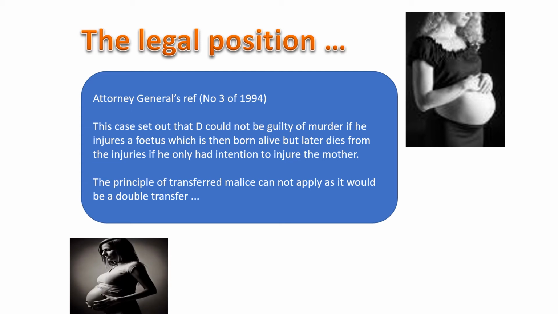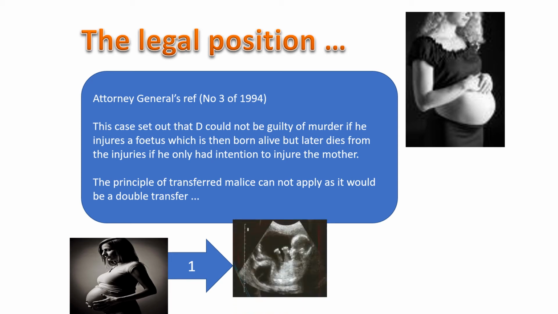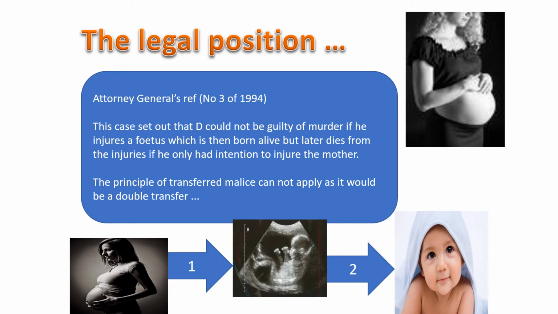Consider, you can't harm an unborn baby without first harming the mother in some way, and so the attack would transfer from the mother to the fetus, and then from the fetus to the child after being born. So we need to think of the fetus as a separate entity in law for this purpose, and as a result the child must be born to be a victim of murder.